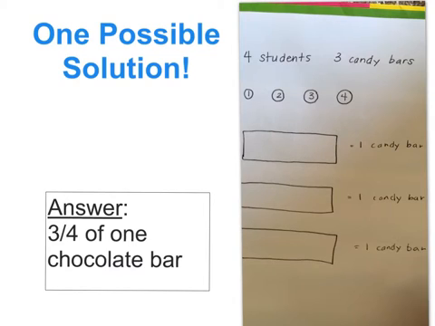To help me divide the chocolate, I am going to divide each individual chocolate bar into 4 pieces. After I have divided all of the chocolate bars, I am going to label each one 1 through 4 until I run out of candy bars.